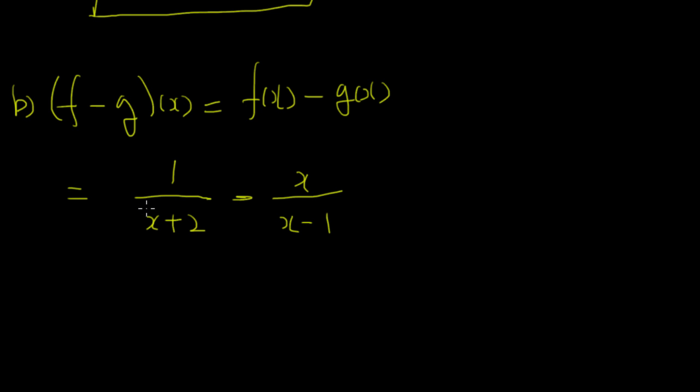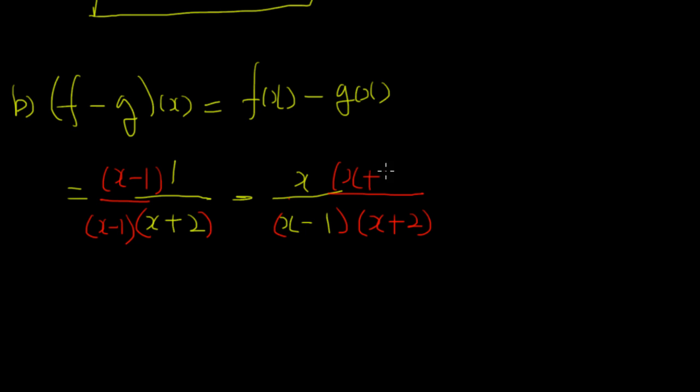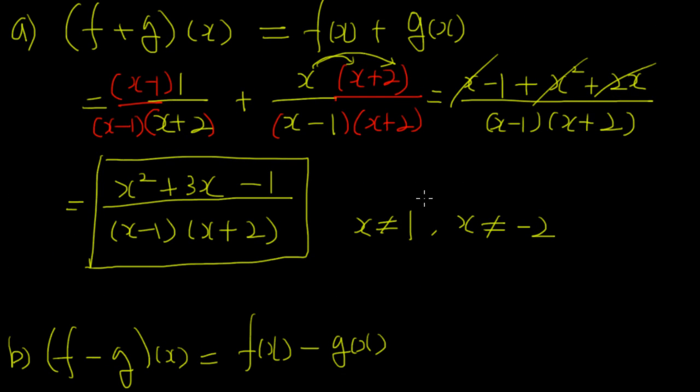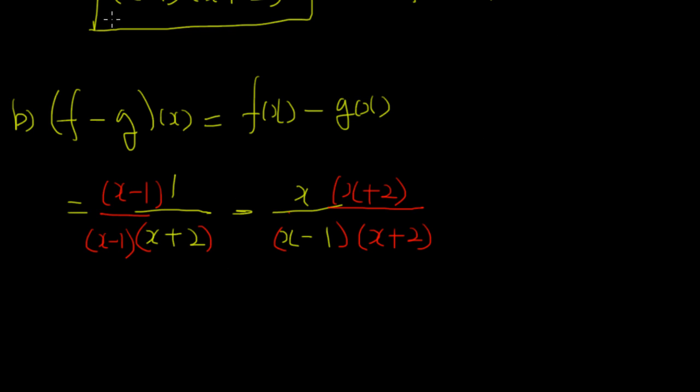And of course, since we need a common denominator, to this we're going to multiply x minus 1 on the top and the bottom, and to this we're going to multiply x plus 2, just like what we did in the previous part. Now that we have a common denominator, which is x minus 1 times x plus 2, I'm going to simplify this. We just have to be a little bit more careful because there is a minus there.